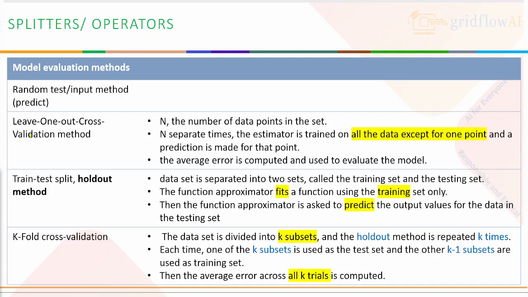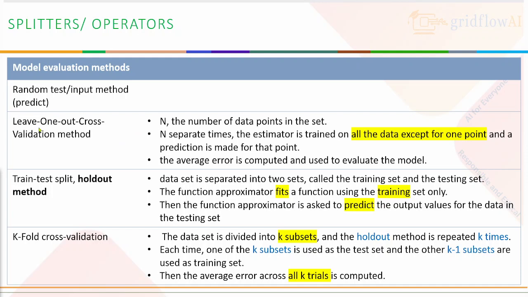The first method that we have is called random test. I'm going to walk you through each of the types here. I've listed only 4 types, so 1, 2, 3, and 4. But there are many other types of evaluation as well. So let's talk about each one of them.